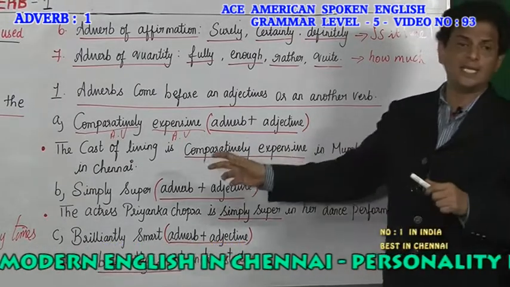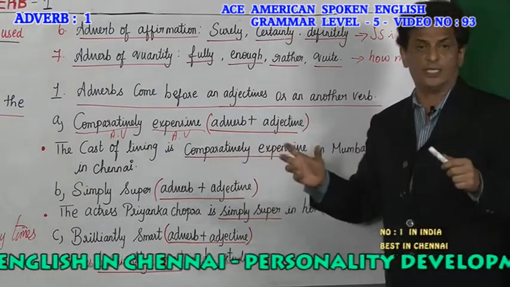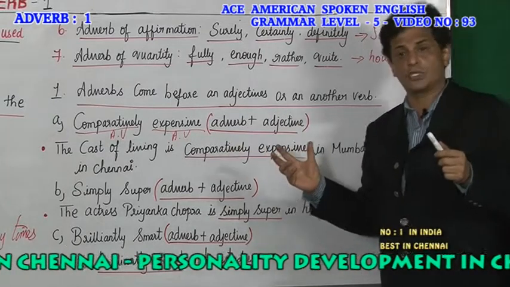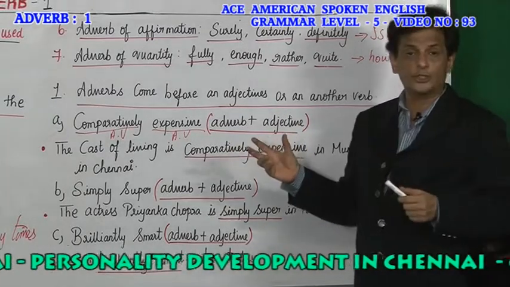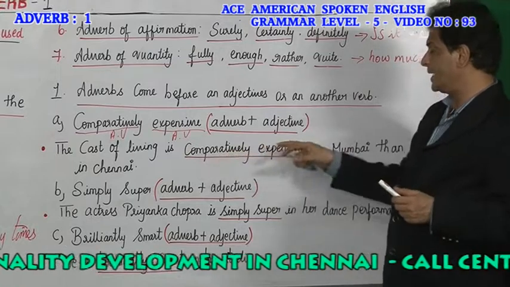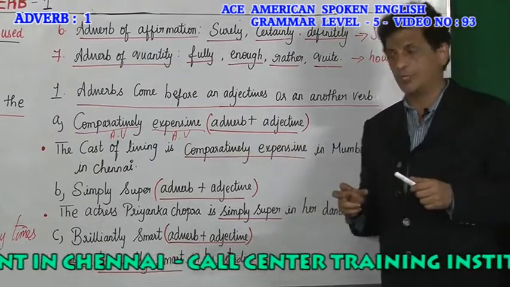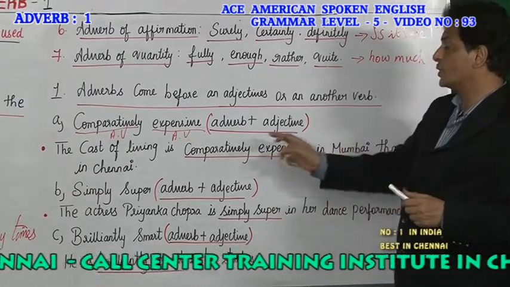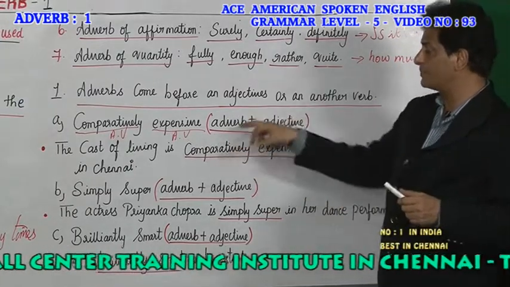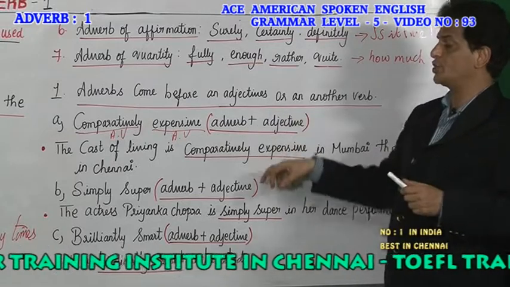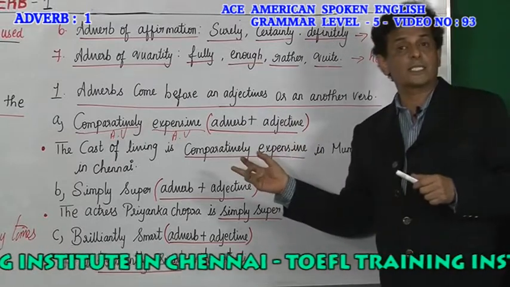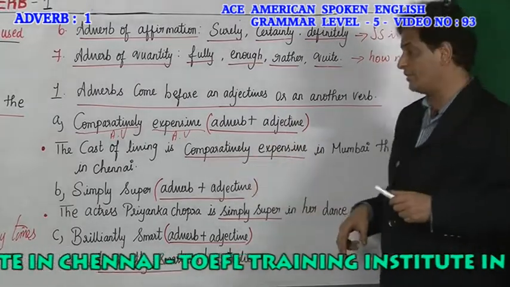Chennai is less costly. I mean, Mumbai is more costly to live in compared to Chennai. So comparatively, the adverb comes before the adjective expensive. So adverbs must come before the adjectives.